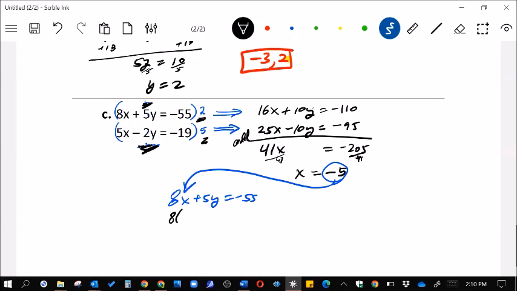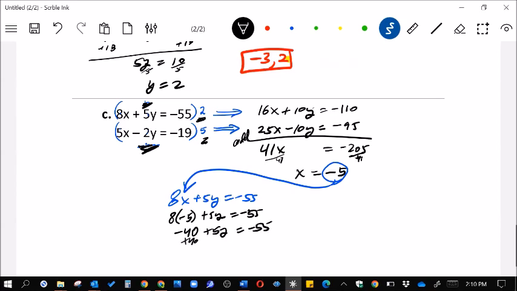This gives us 8 times negative 5 plus 5y equals negative 55. So here we have a negative 40. I tried to clean it up and I messed it up, so it's a negative 5 in there. So we have negative 40 plus 5y equals negative 55.